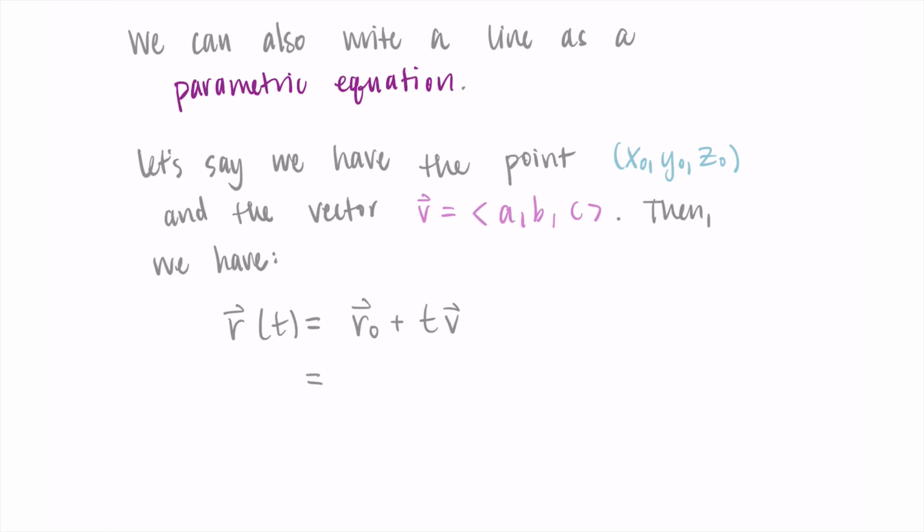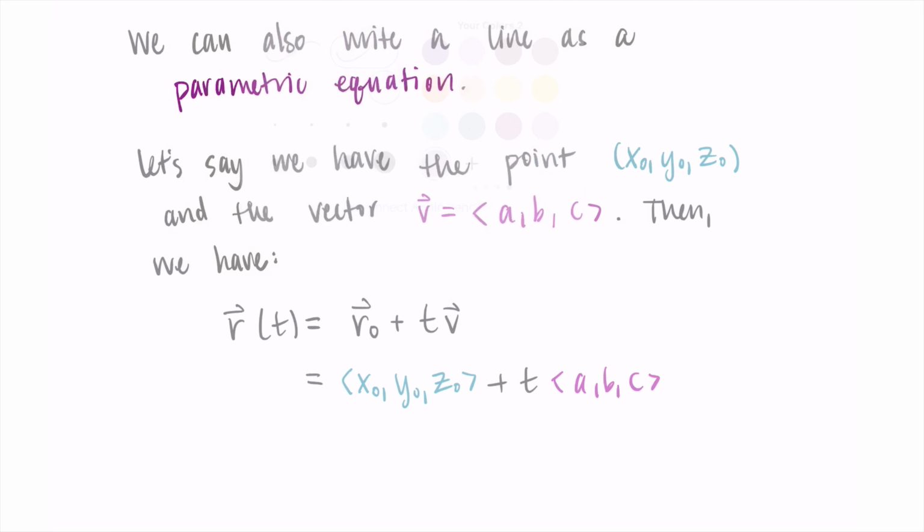I'm going to substitute these things in and we're going to get a new equation at the end. So our r naught is x naught, y naught, z naught, and then we're going to add to it the parameter t times my vector v, which is a, b, c.